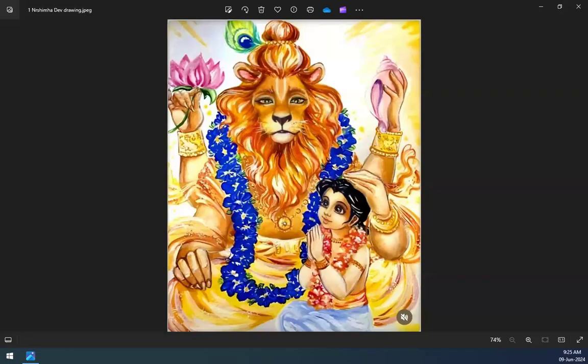So on your chart for verse 44, column 2, created from is Antardhana. Third column, created beings, is Siddhas and Vidyadharas.